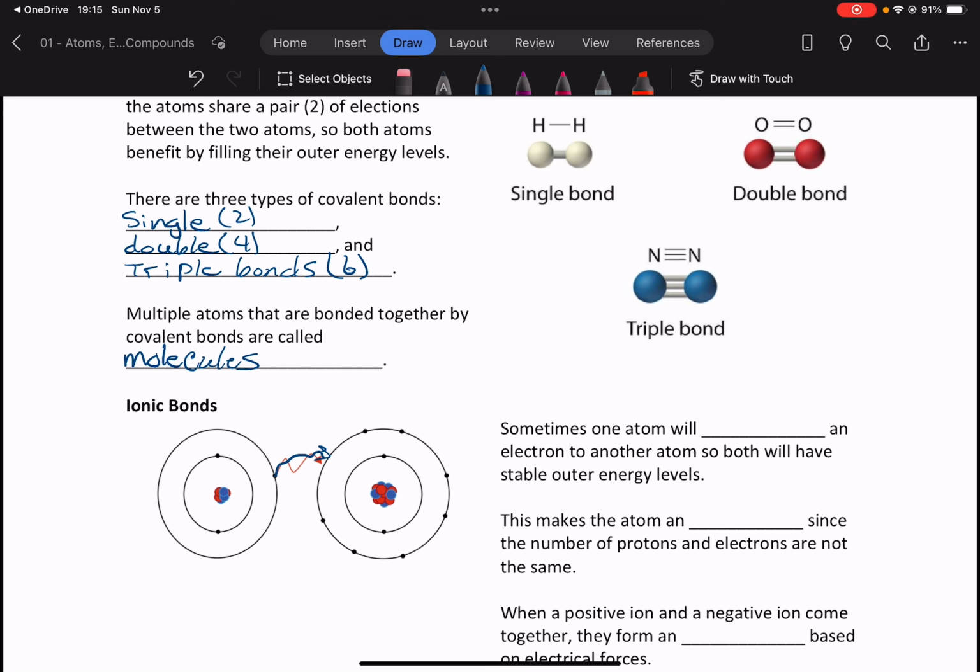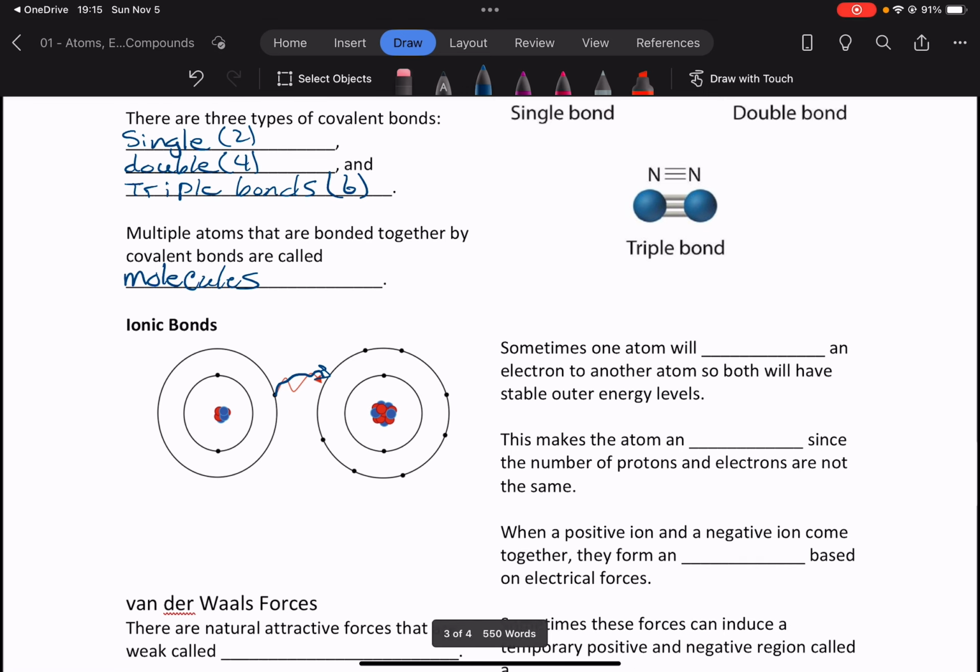So we can say that one atom will take an electron from another atom, so both can have stable outside energy levels.